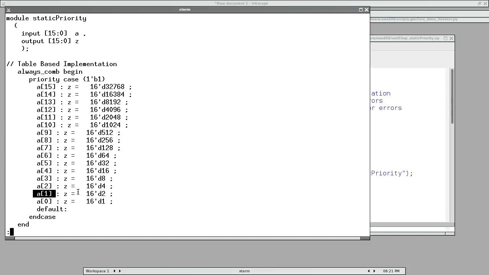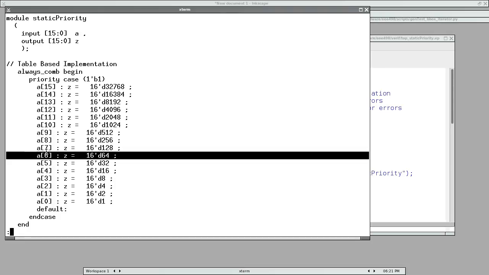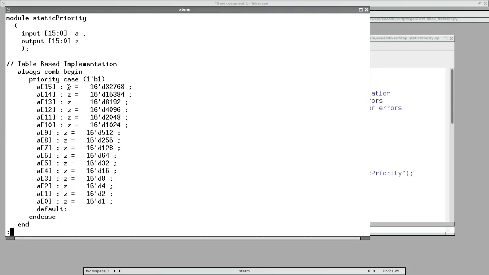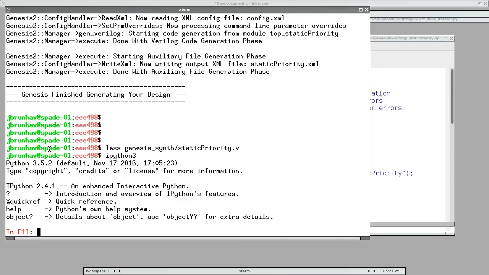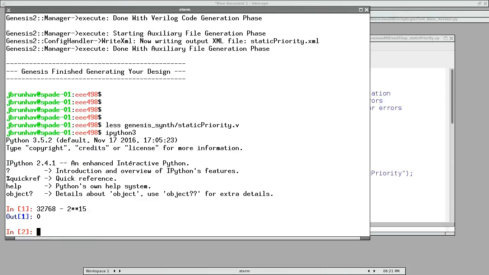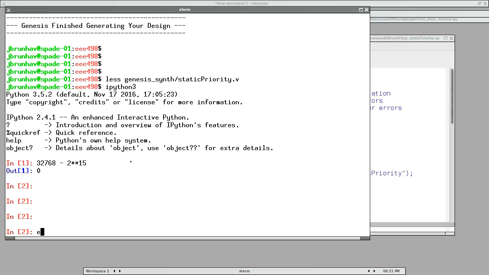If the bit 1 is 1, we should output a 2 and a 4. So these should all roughly be the powers of 2. And then this should be 2 to the 15. So let's just make sure that that is true. So we say something like that. Good. So those are equal.